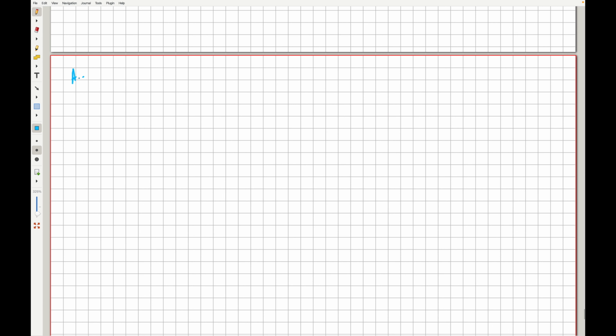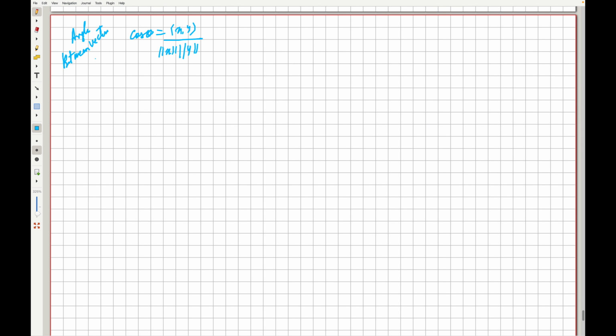If we are trying to calculate the angle between vectors, we would simply find cos theta equal to the dot product of x and y divided by the norm of x times the norm of y. Let's say we have a vector x equal to (1, 2) and another vector y equal to (2, 3), and we can see how they look. That is our coordinate axis, with 1, 2 on one axis and 1, 2, 3 on the other.